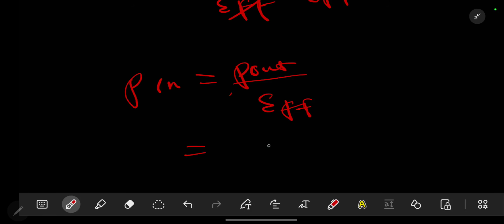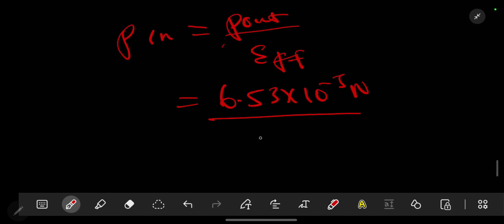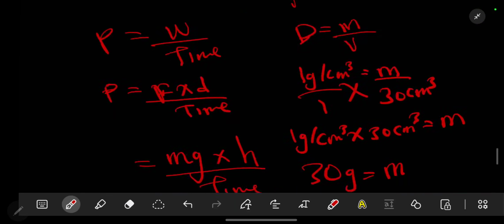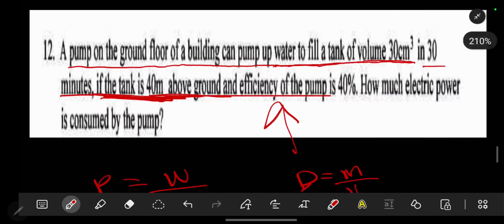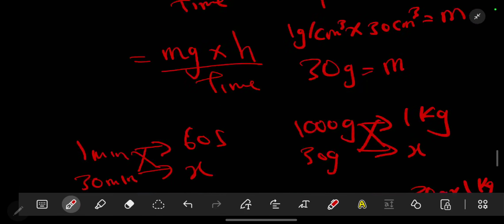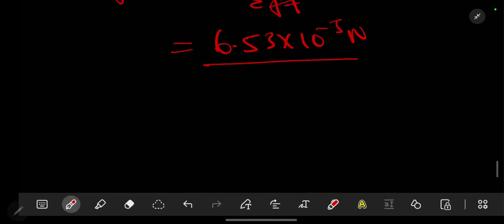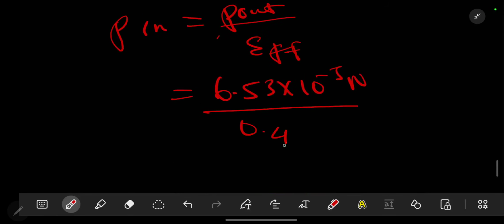What is our power output in this case? We have found it to be 6.53 times 10 to the power -3 watts. We divide by the efficiency, which is 40%. If you convert your 40%, you just divide by 100 to make it easier, so 40 divided by 100 will be 0.4. Remember, a percentage is always out of 100. So we put 0.4 there and divide.